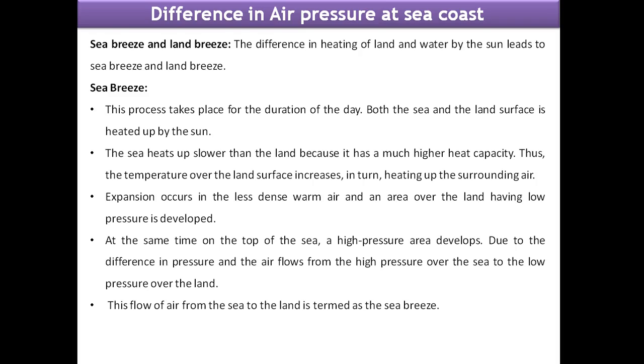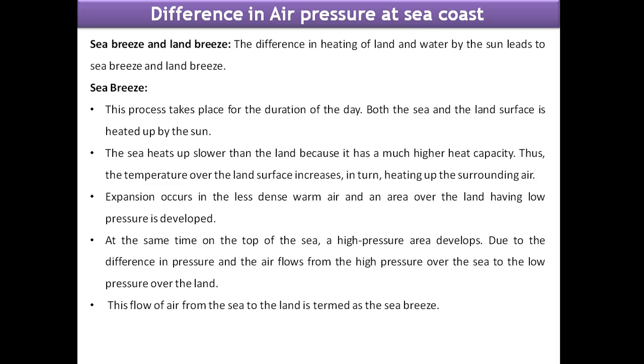The sea heats up slower than the land because it has a much higher heat capacity. Thus, the temperature over the land surface increases, in turn heating up the surrounding air. As the temperature increases, expansion in the air takes place. So, density becomes less in warm air and low pressure is developed.